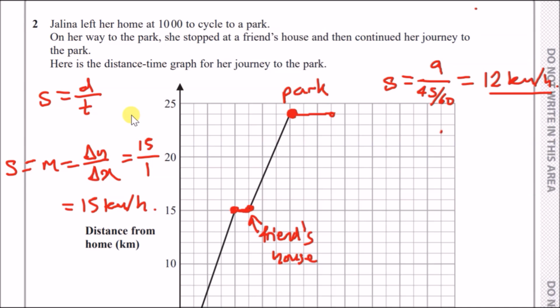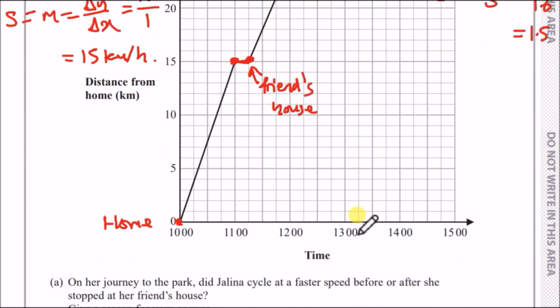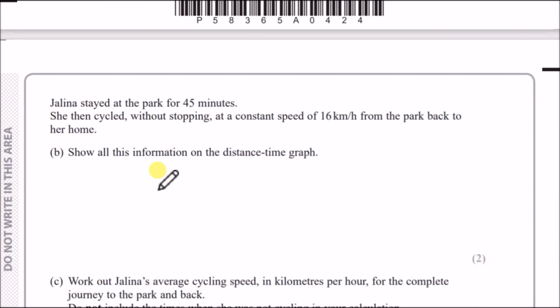So you have time equals distance over speed. We know the distance from home is 24 kilometers. We know she traveled at 16 kilometers per hour. So dividing these numbers, you should get a nice time of 1.5 hours. So it took her 1.5 hours to get home. Just keep that in mind for a second.